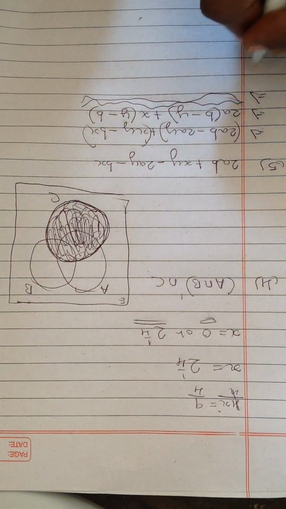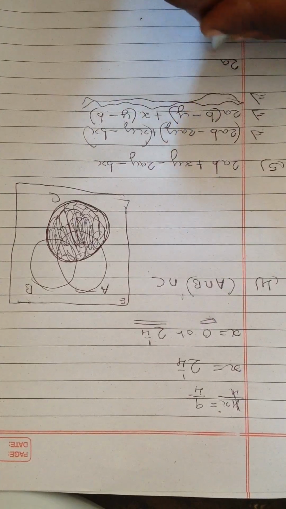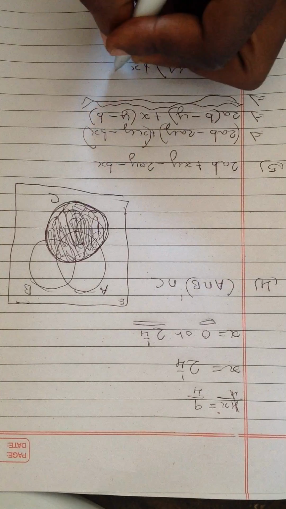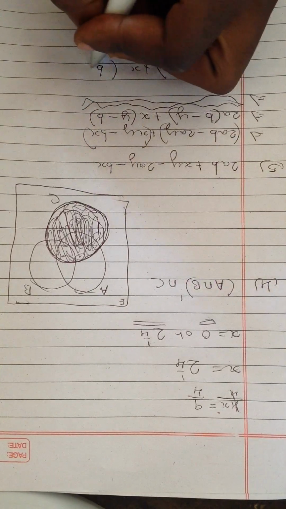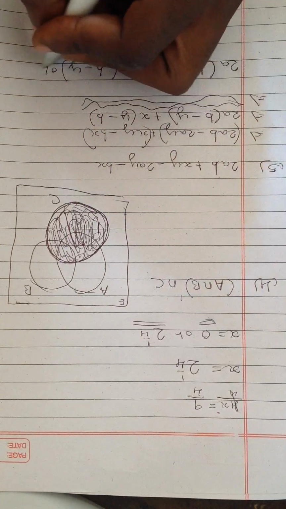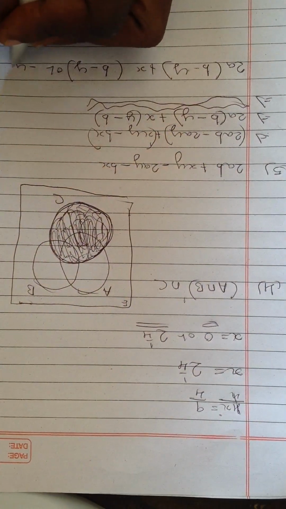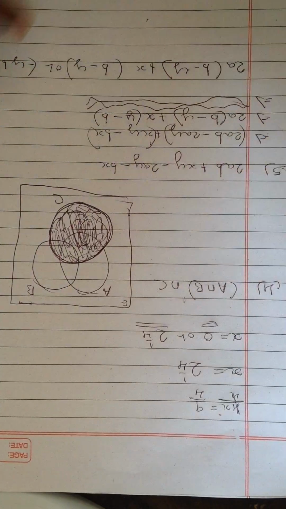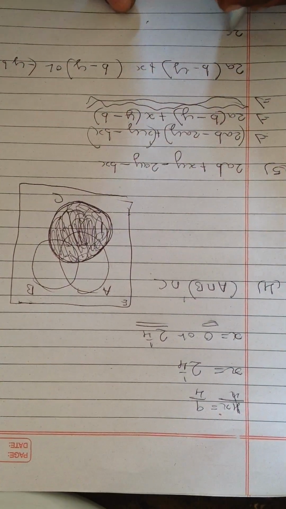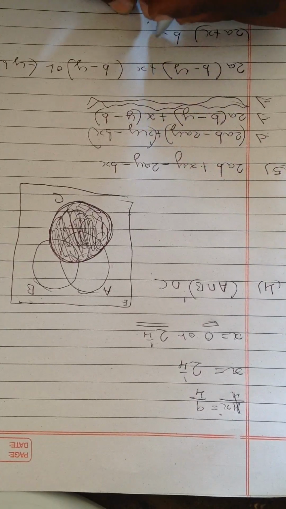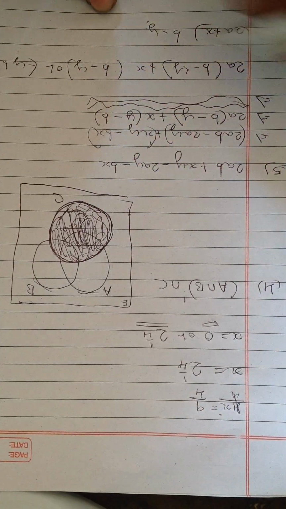But if we had something like 2a, open bracket, b minus y, plus x, open bracket, b minus y, or negative y plus b, we could come up with 2a plus x, then b minus y, because these have to be the same.